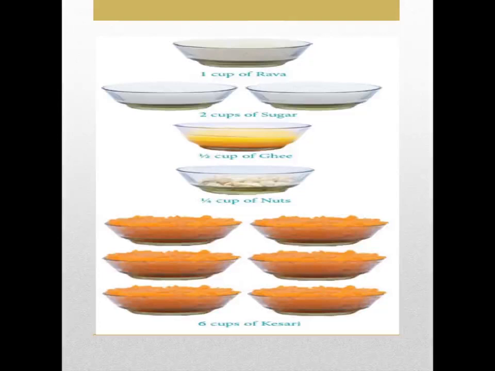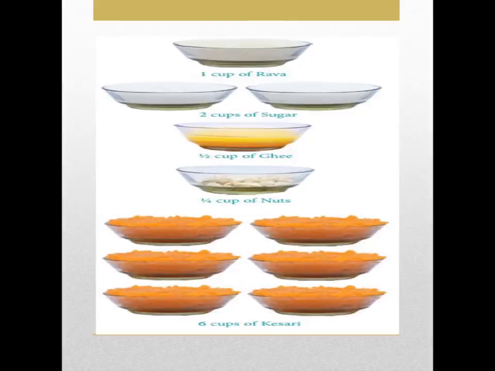Isn't it? How is it possible? From the above information, we are able to calculate the amount of ingredients. 1 cup of rava for 6 cups of kesari, so for 3 cups of kesari, what does it give? Half cup rava. Similarly, we can calculate the required quantity of other ingredients too.